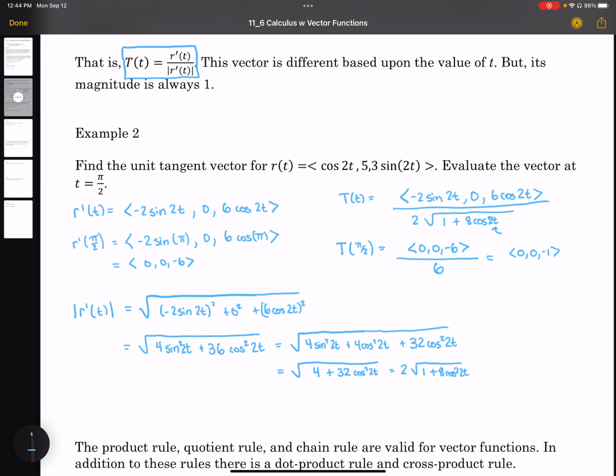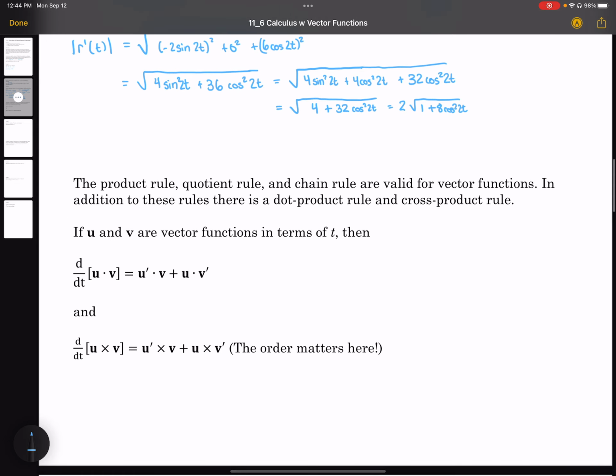So next, the product rule, quotient rule, and chain rule are valid for finding the derivatives of vector functions. We also now have a dot product rule and a cross product rule.